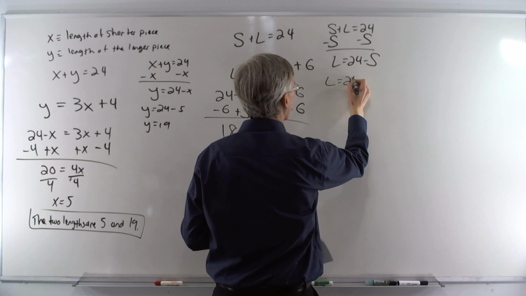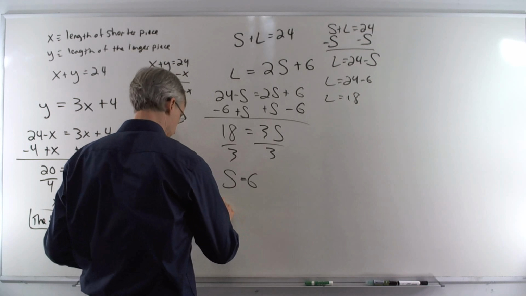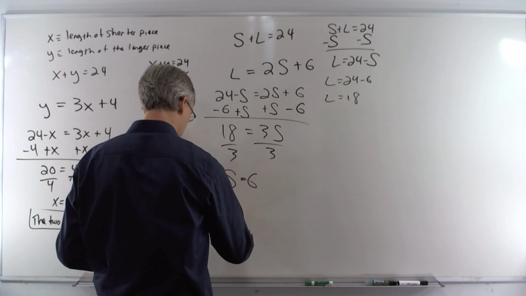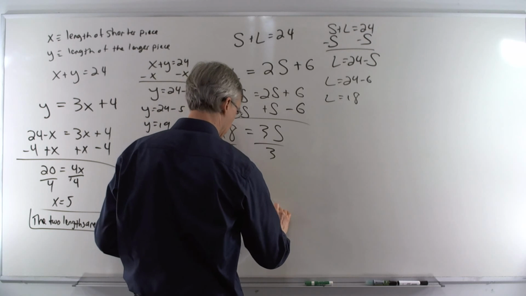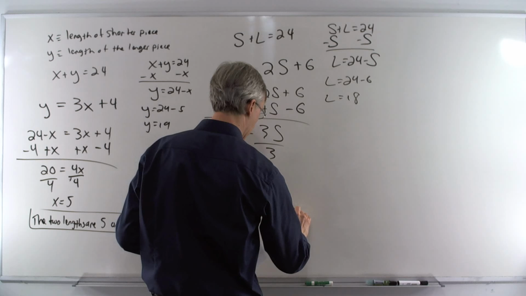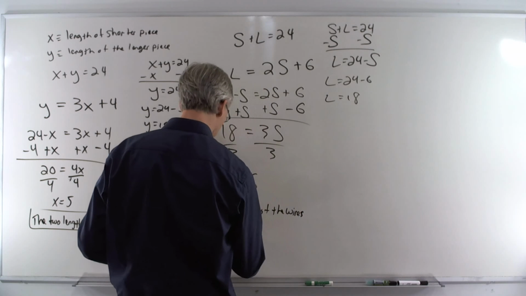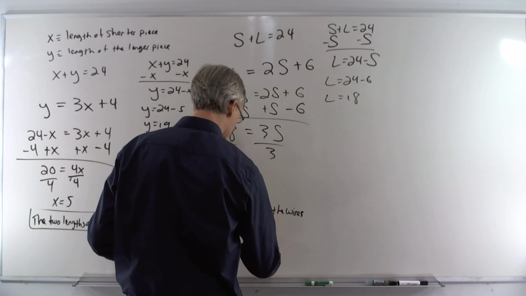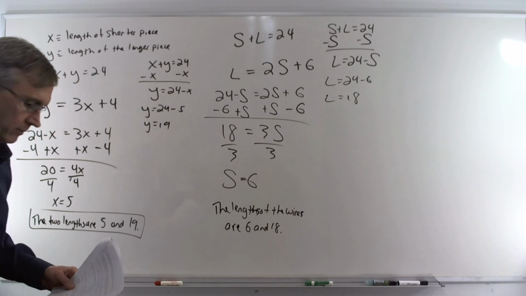L equals 24 minus 6. L equals 18. So the lengths of the wires are 6 and 18.